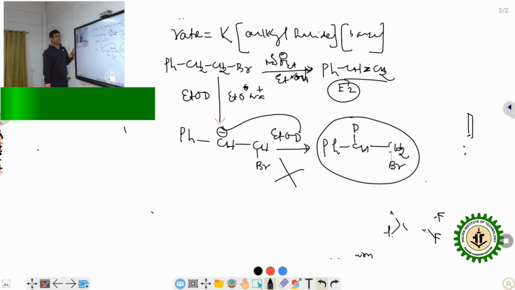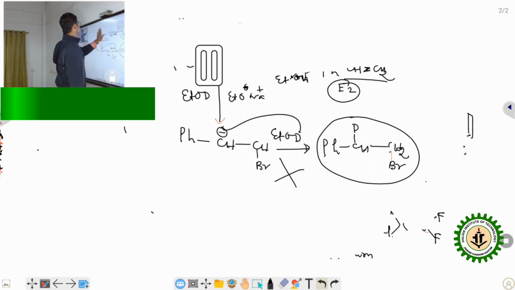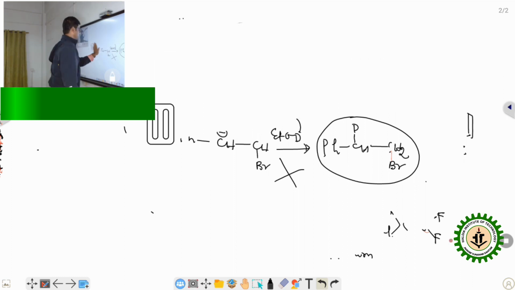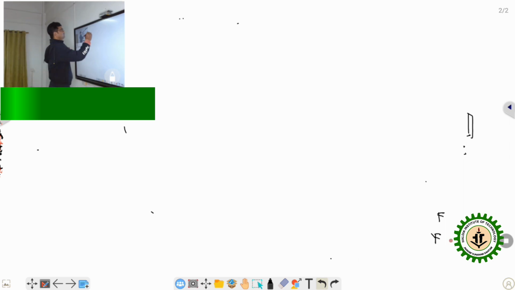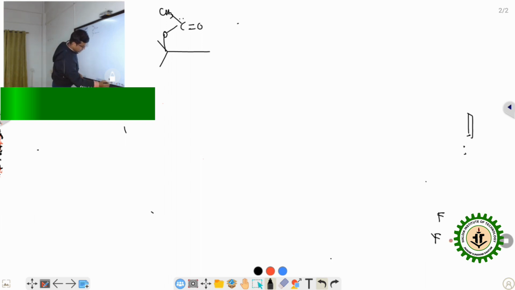And the last kind of elimination reaction is pyrolytic elimination, the reaction which proceeds under heating conditions. The type of reaction will be like this.